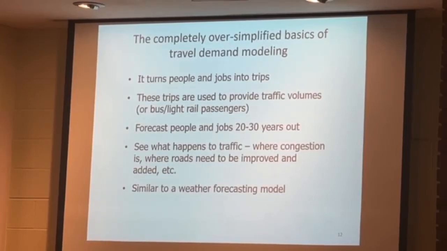Based on the traffic situation 20 years out, we are able to identify the congestion, the bottlenecks in the system, and the roads that need improvement. In a proactive approach, we can identify those roads and fix the problem before it actually happens.